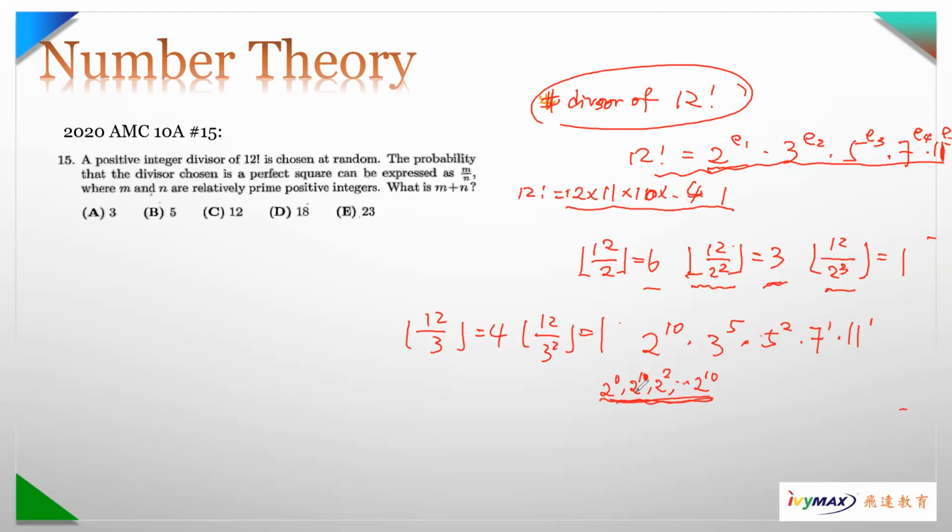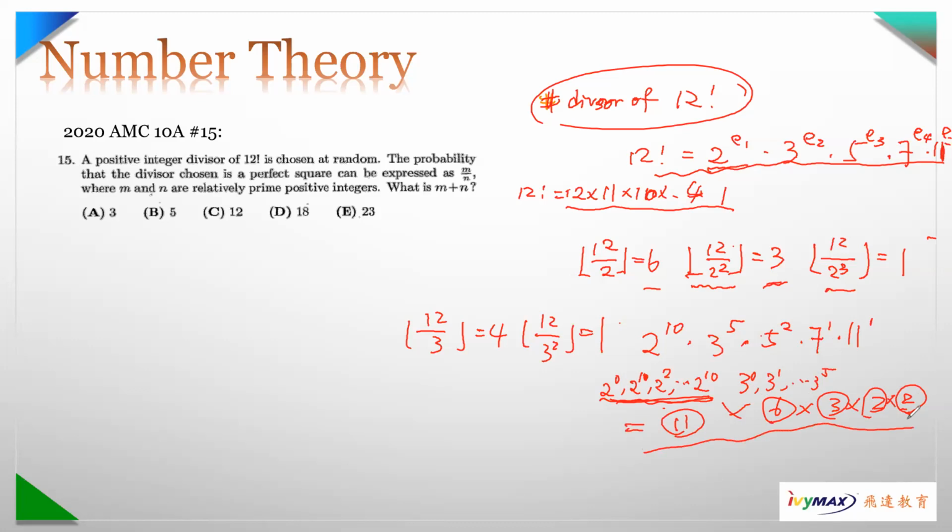Either one of them will be a part of your divisor. And the second one is the same. I can choose either 0 or 1 all the way to 5 for the 3. We have six options to choose the exponent based on 3, right? So the first I have 11 options, and the second I have 6 options, and the third one I have 3 options, and the next one I have 2, and the last one I have 2. Okay, and that gives you the number of divisors you can pick.